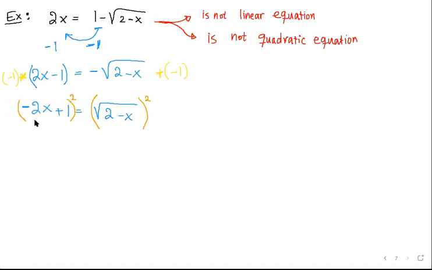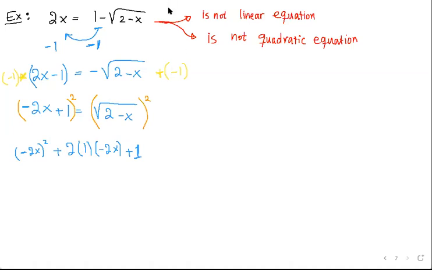We get -2x plus 1, all squared, equals 2 minus x, plus 2 times 1 times -2x, plus the second one squared. So what I did here is use the property.